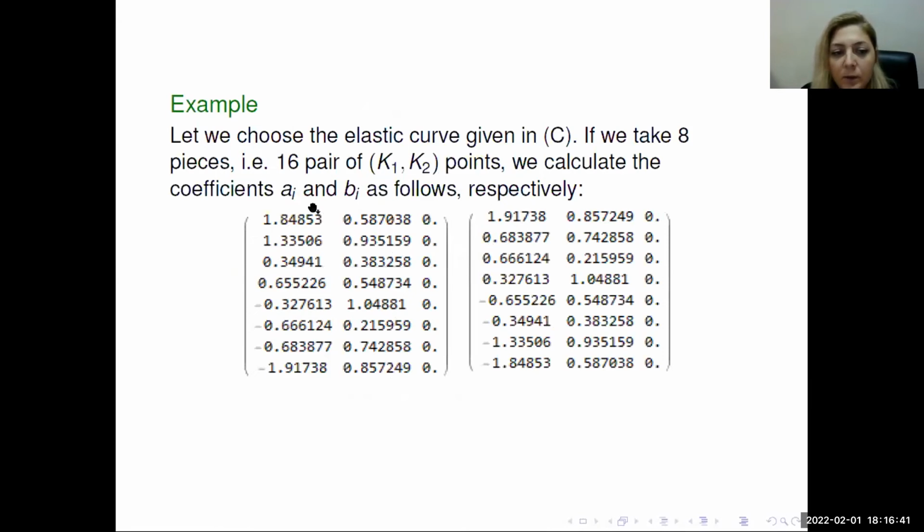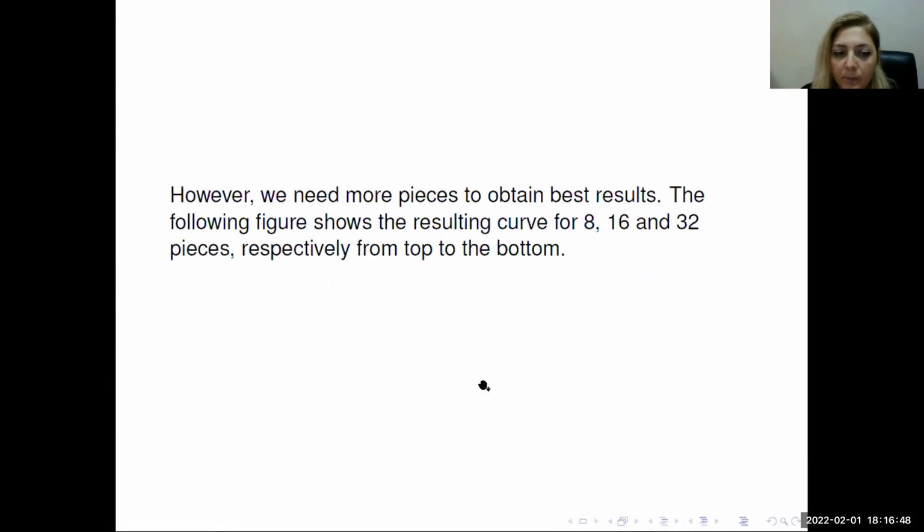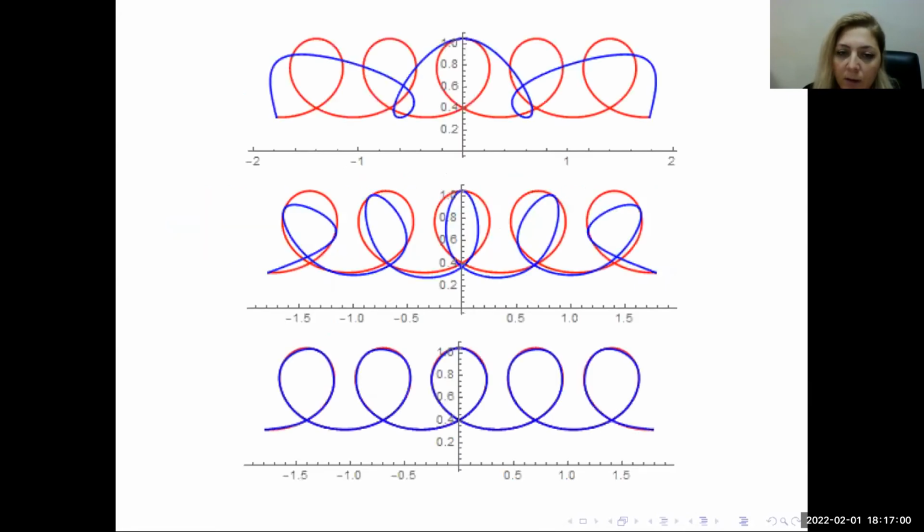We calculate the coefficients A_i and B_i as follows. However, we need more pieces to obtain the best results. The following figure shows the resultant curve for 8, 16, and 32 pieces, respectively. From top to bottom: 8 pieces, 16 pieces, and 32 pieces.